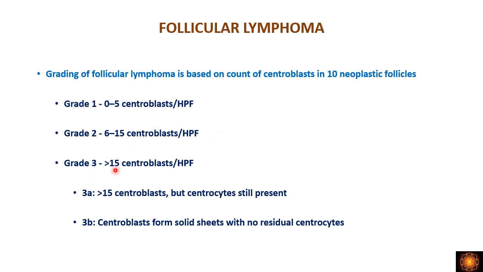Grade 3 is more than 15 centroblasts per high power field in 10 neoplastic follicles. Grade 3 is again classified as 3A and 3B. 3A means you have more than 15 centroblasts, but centrocytes are still present, whereas 3B is you have only centroblasts with no centrocytes. So this is how the grading is given.